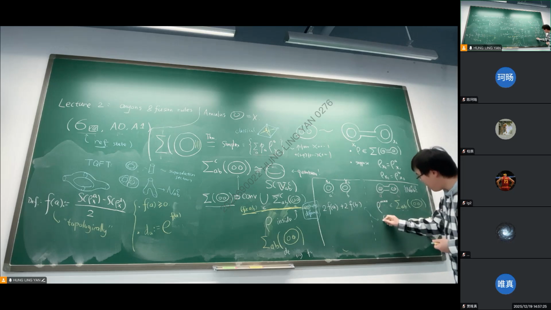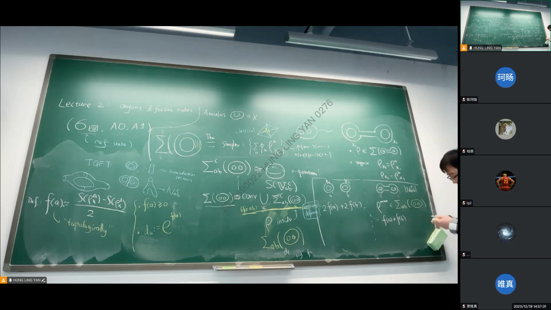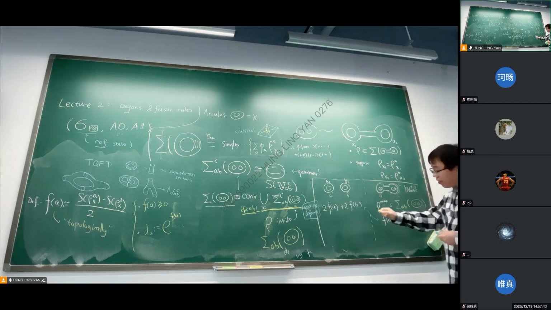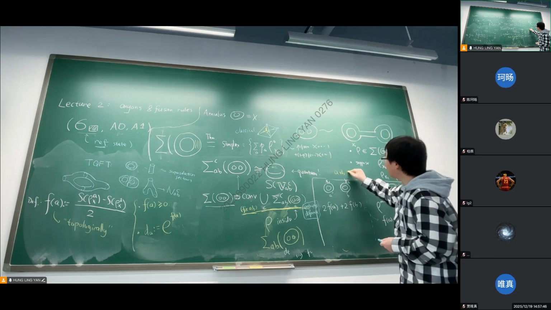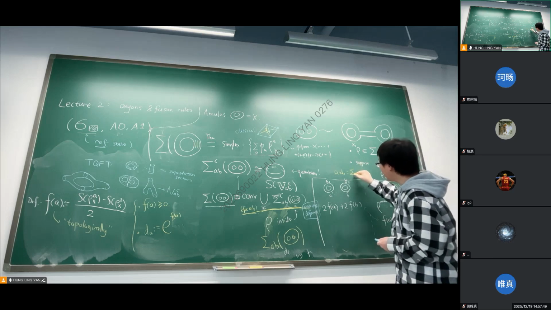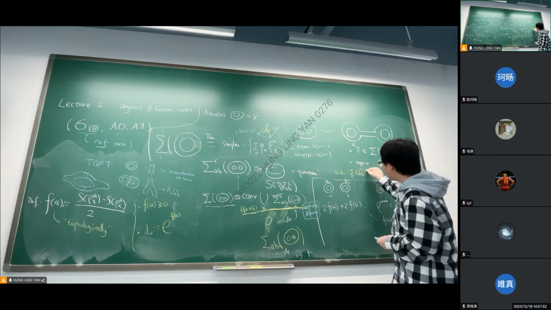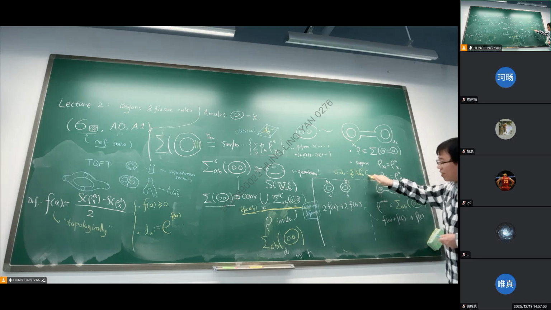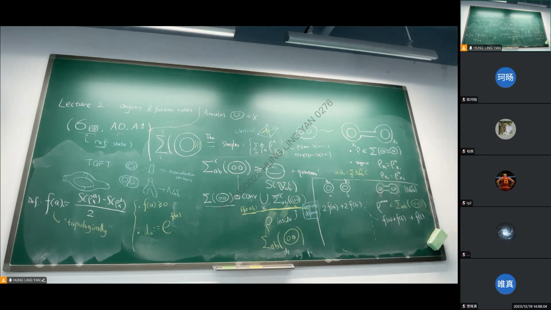You should have an F of A plus F of B. And suppose the outer boundary has charge C, then we should have an F of C. But in general, the fusion of A and B gives you multiple choices of C. So there could be multiple choices of charges on the outer boundary, and each has some integer associated with it. But which one is the one with the maximal entropy?